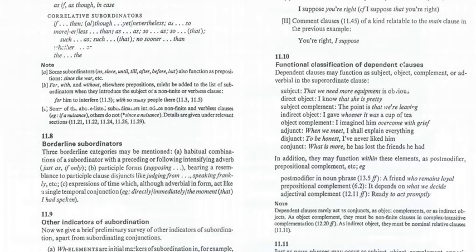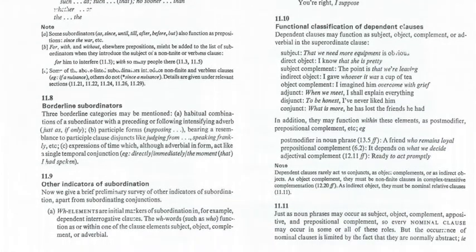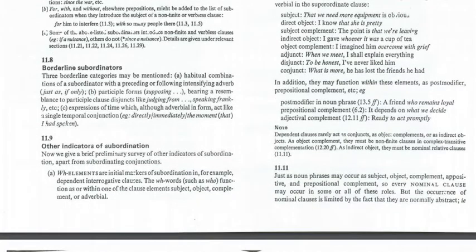Now, other indicators of subordination. We give a preliminary survey of other indicators of subordination apart from subordinating conjunctions. The first type: WH elements are initial markers of subordination.